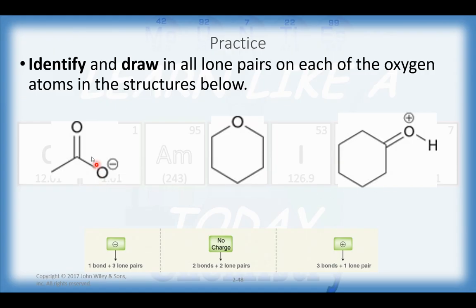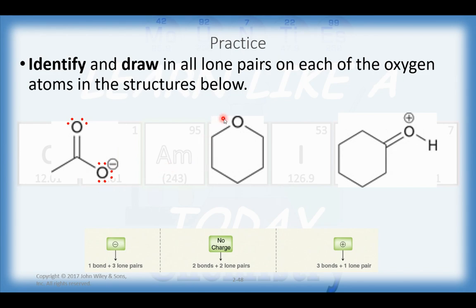Okay, so in this first one, the carbonyl oxygen is a familiar one to us, hopefully by now. There's going to be two electron pairs on that. But here we have a -1 formal charge on the oxygen, which means when we've got one bond and a -1 formal charge, we're going to have three lone pairs.